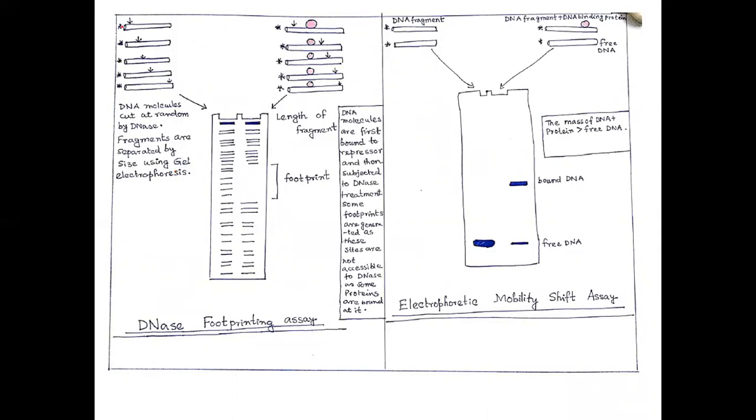Suppose in a particular DNA, the DNase enzyme can cut randomly at any point within the DNA and give different fragments when we run it in agarose gel electrophoresis. But if a DNA is bound with a particular protein, maybe this portion is masked, because the DNase enzyme cannot get access to this particular region.